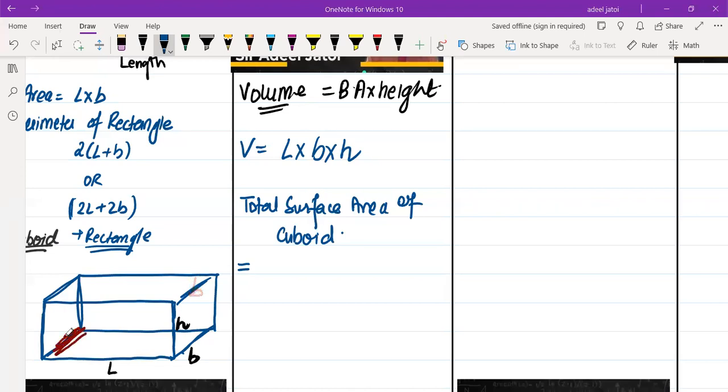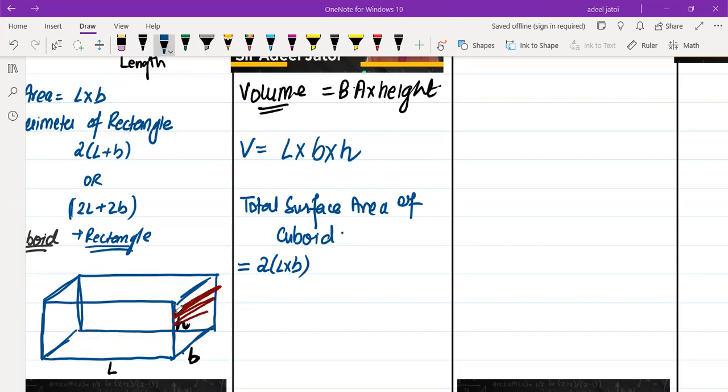So whatever the area of the bottom is will be the same area as the top. So this will be 2L multiplied by B, because length and breadth give me the area of the bottom, and multiplying by 2 gives me the sum of the areas of the bottom and the top.